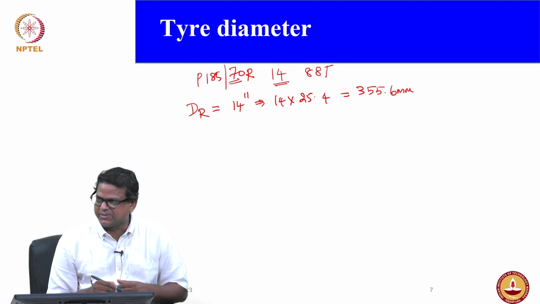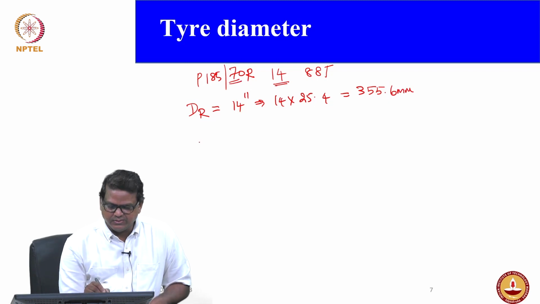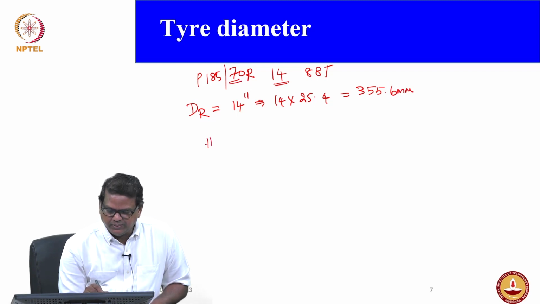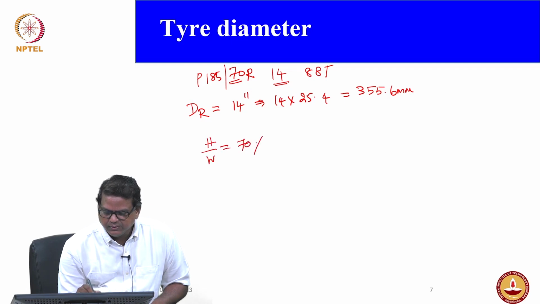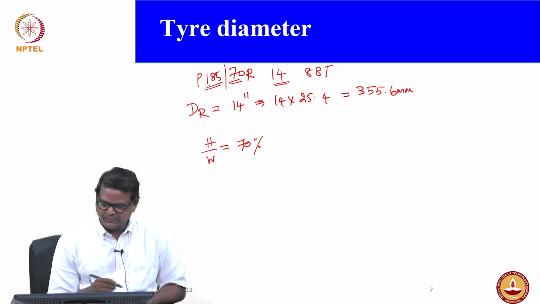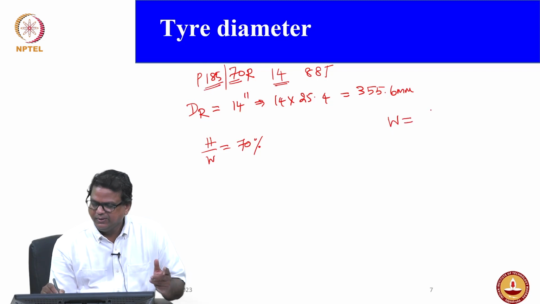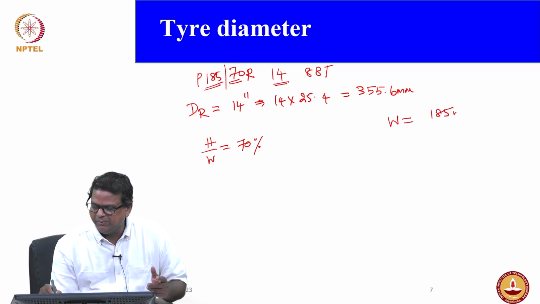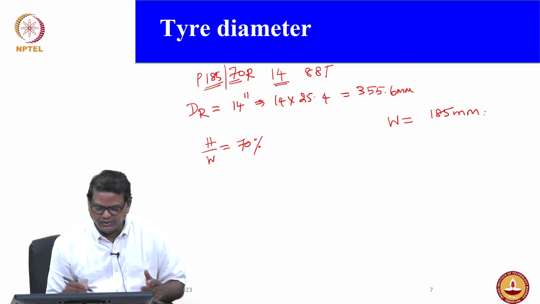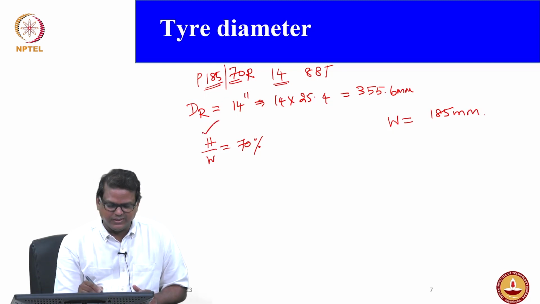Then the second dimension is given. This is the 70%. 70% means your height by width ratio is 70%. What is this 185? W equal to 185 is the width in millimeter. So now we want to know h.